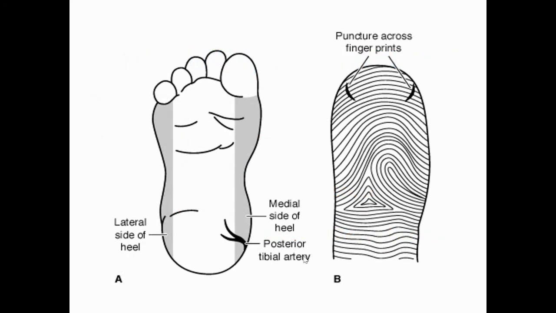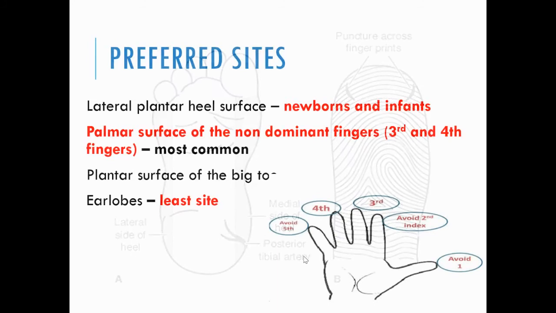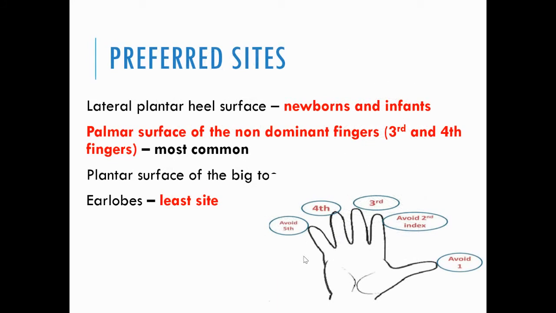So as you can see here, on the hand, try to cut across the fingerprints, and if on the heel, it is either the lateral side of the heel or the medial side of the heel, or the posterior tibial artery. Now, the preferred site for newborns and infants is the lateral plantar heel surface, but the most commonly used is the third and fourth finger of our non-dominant hand, on the palmar surface.